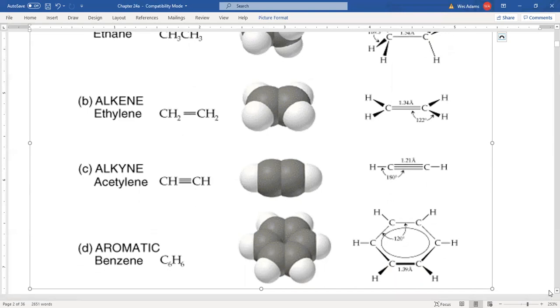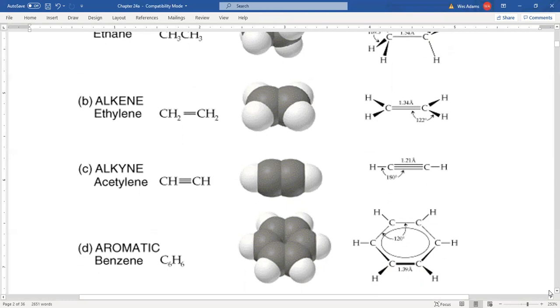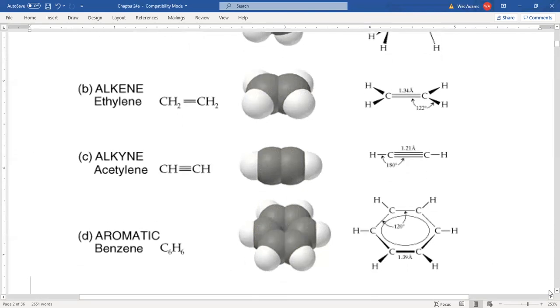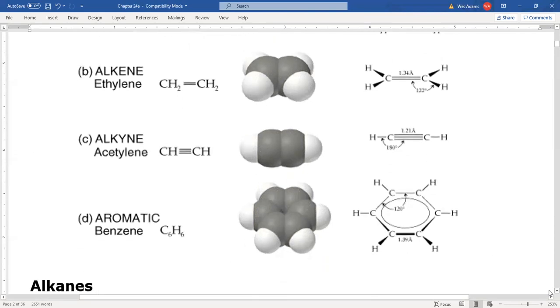Now, since the bonds are alternating single and double bonds throughout the ring, sometimes they'll just draw a circle in the middle of the ring to illustrate that, and we'll come back to talk about that. But benzene has a formula C6H6 and exhibits resonance, which we talked about in the first course. Next time we'll pick up with a discussion of alkanes.